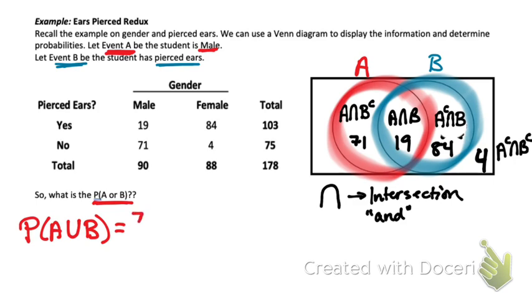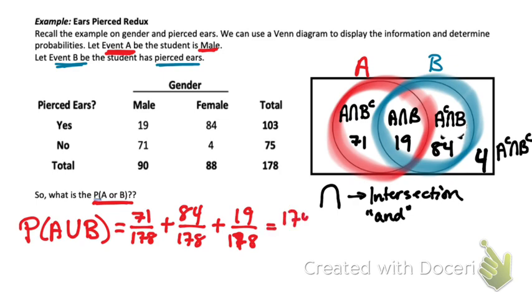So we can do the 71 over 178, the 84 over the 178, and the 19 over the 178. We can do that. We will literally get the same thing we got just a few minutes ago, which is 174 over 178.